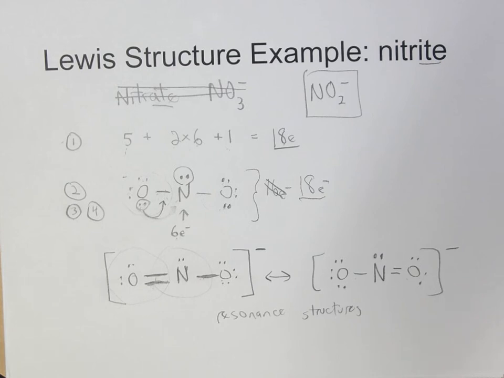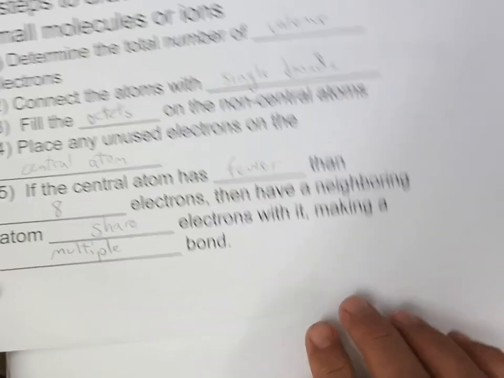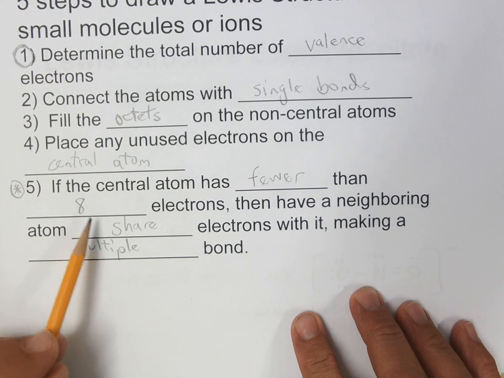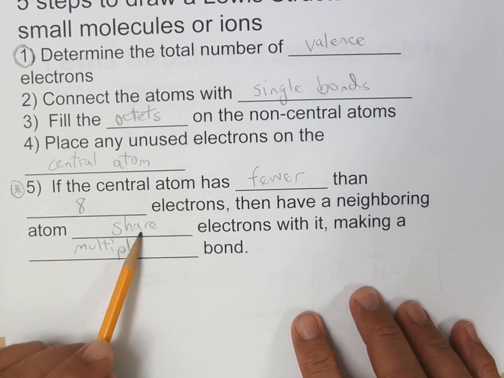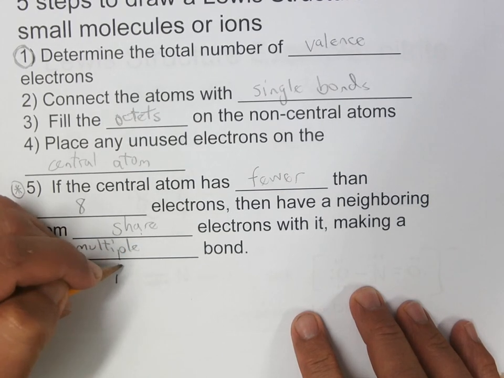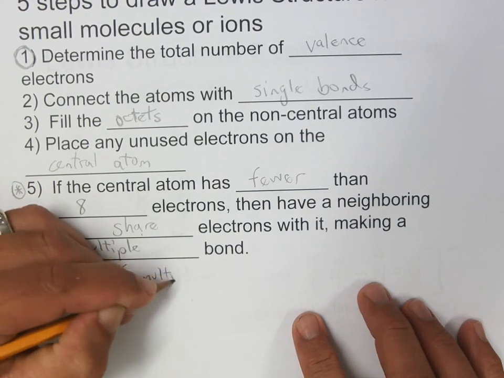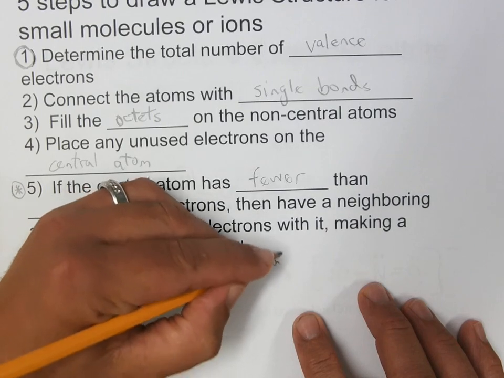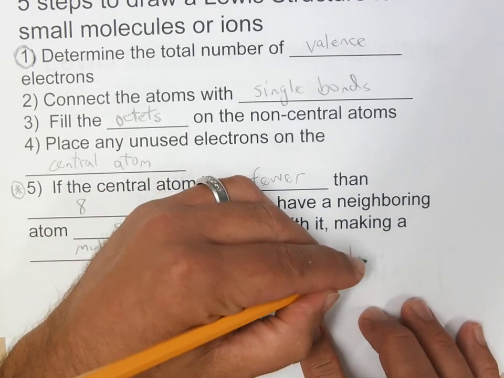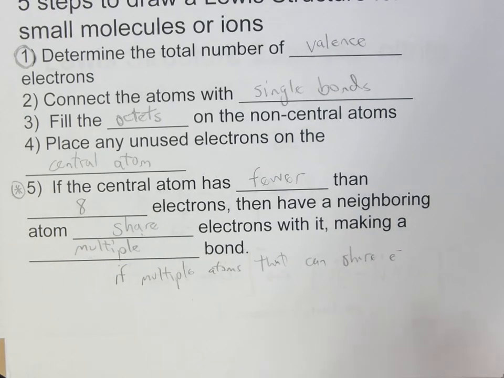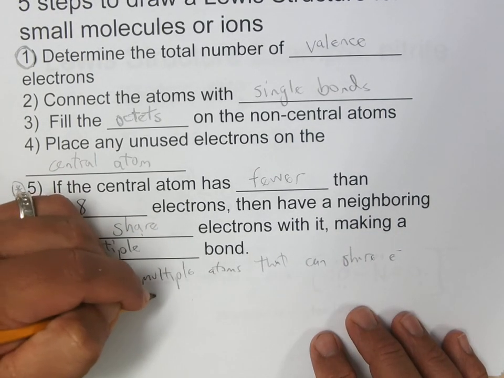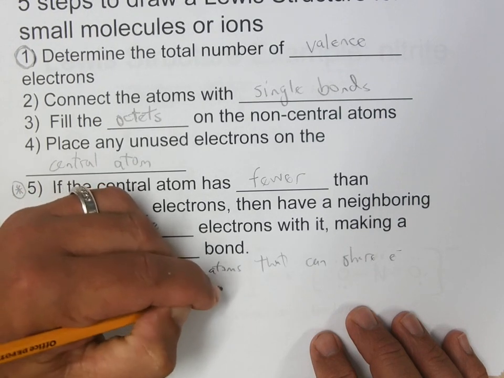And the key thing I love about the 5th step is that if the central atom has fewer than 8 electrons, you have to have a neighboring atom share electrons with it. If there's multiple atoms that can share electrons, or multiple ways to share those electrons, then you have resonance forms.